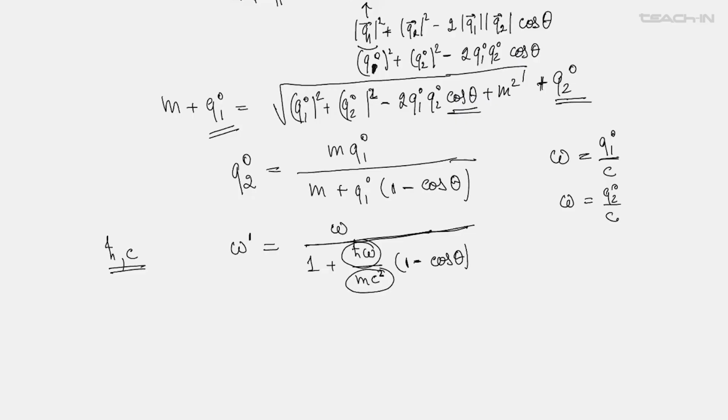If you go on and rewrite this also in terms of wavelengths, so the wavelength lambda is introduced as 2 pi divided by omega multiplied by the speed of light, then this formula can be rewritten.